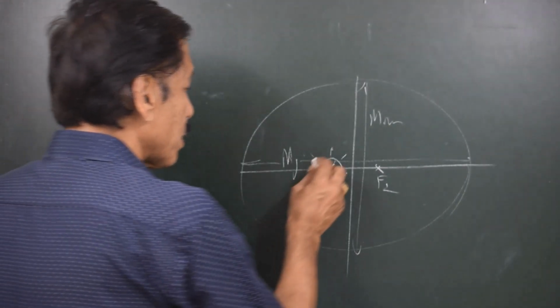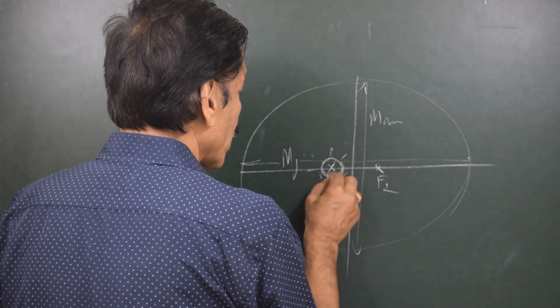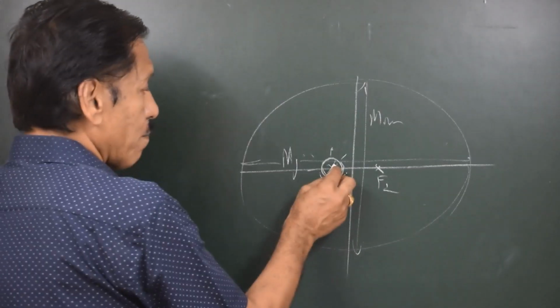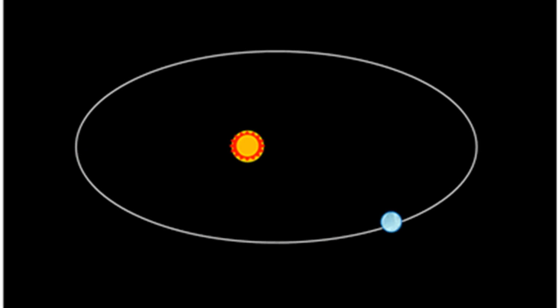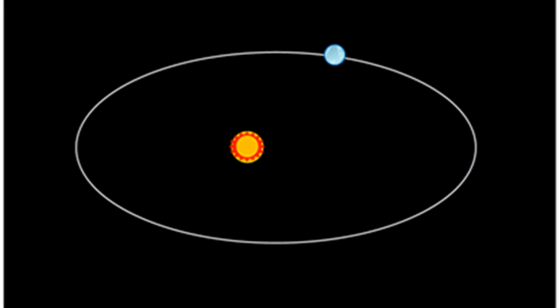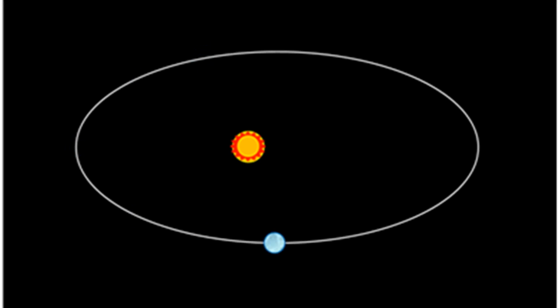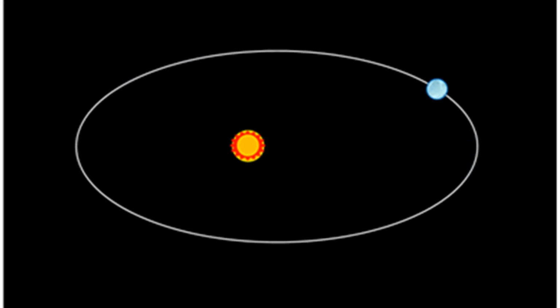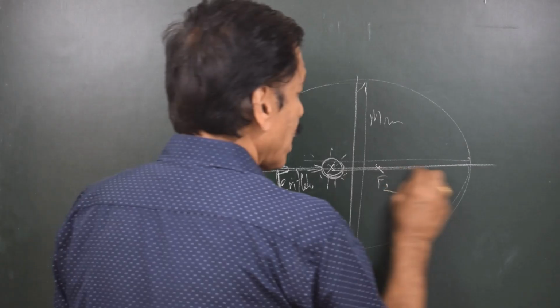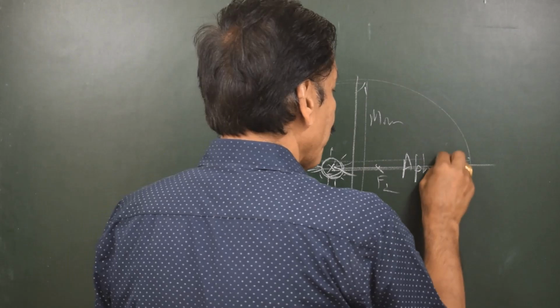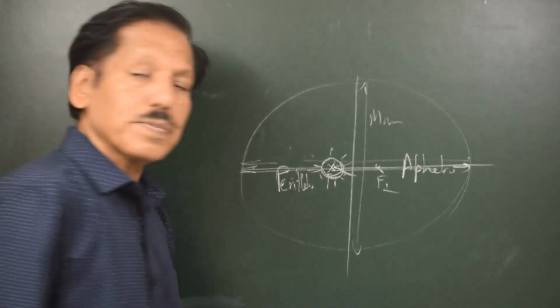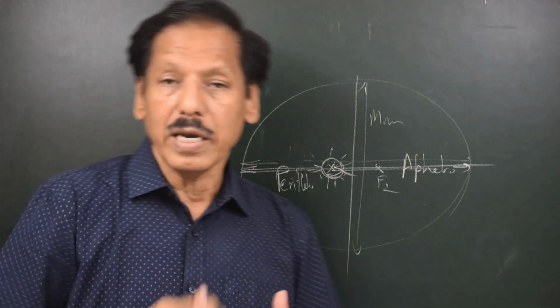And when these planets revolve around the sun, naturally, if the sun is not in the center, sometimes the planet is going to be nearest, and this is called perihelion. And at some other time, the planet is going to be furthest, and it is called aphelion.